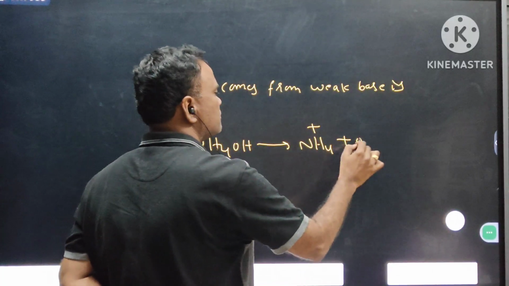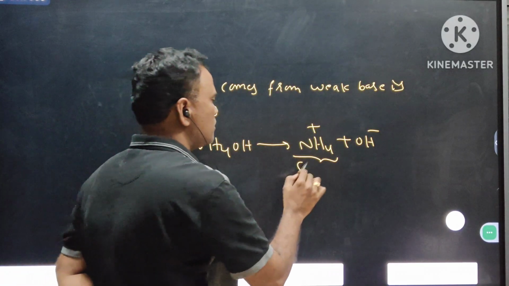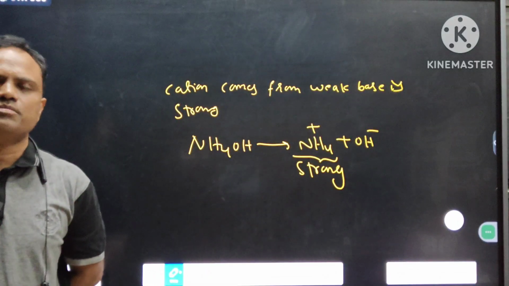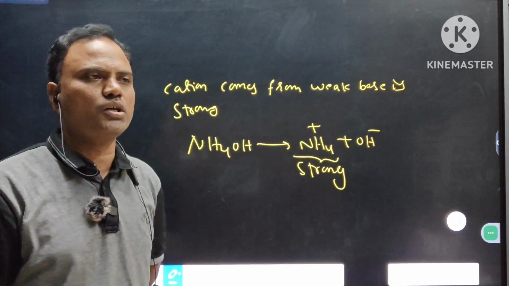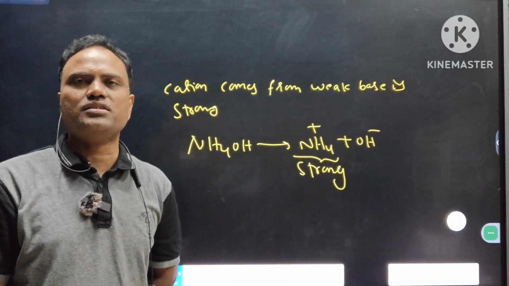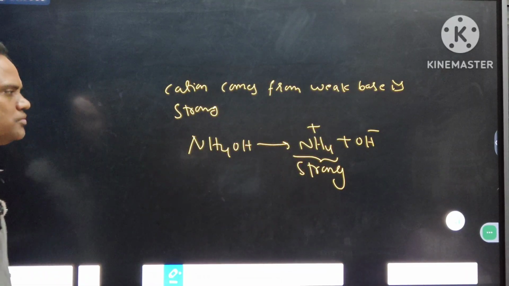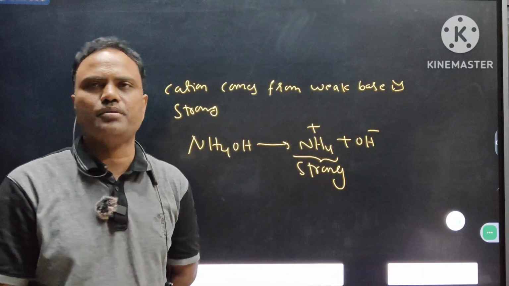NH4 plus is coming from the weak base, so it is strong. Similarly, aluminum hydroxide is a weak base, so Al plus 3 is strong. Zinc hydroxide is weak, so Zn plus 2 is strong. The one which comes from the weak is strong, simple.